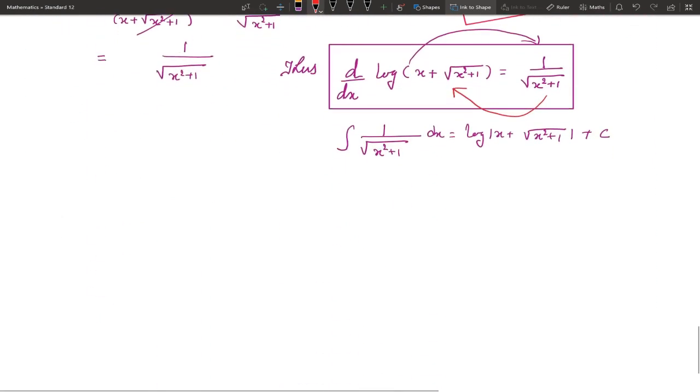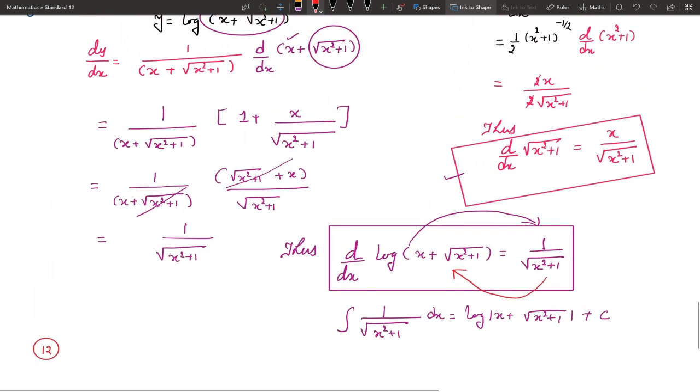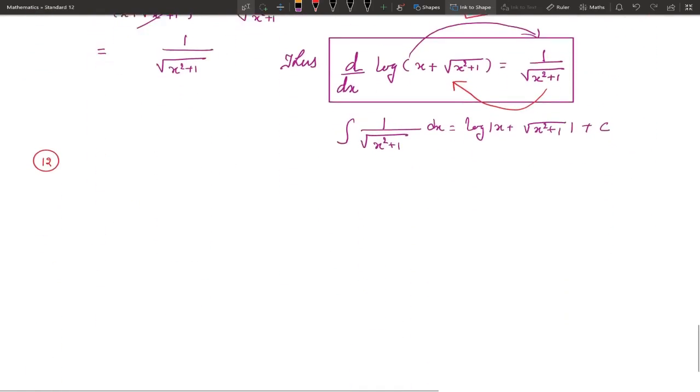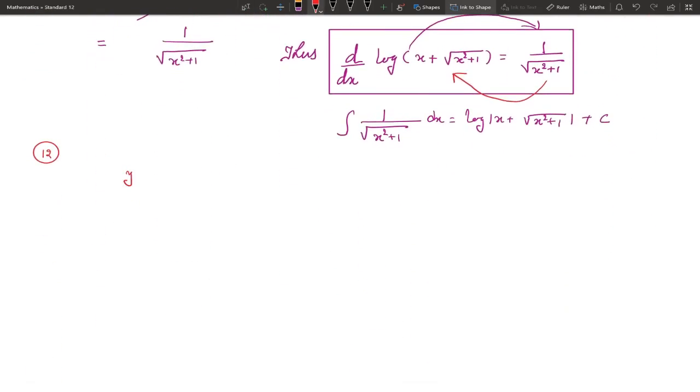Finally, we take the last example. y equal to e raised to e raised to e raised to x, obtain dy by dx.